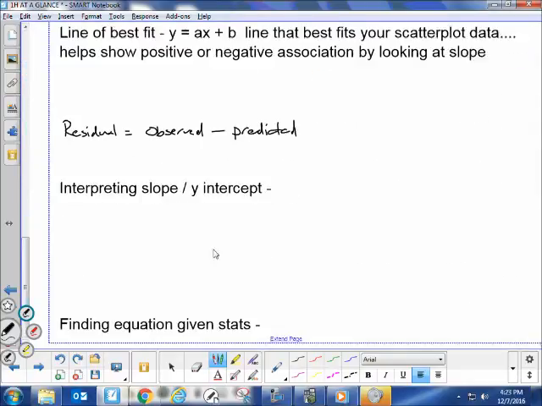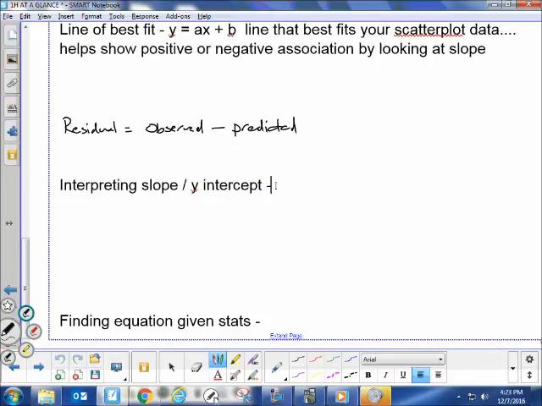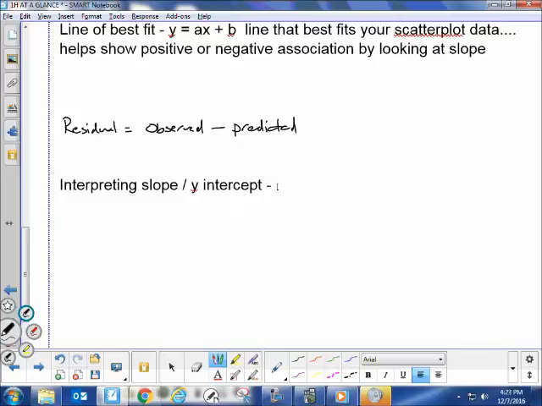Okay? Now it's important to understand you can interpret the slope and the y-intercept of your line of best fit. The slope, which is the a, remember slope is y's over x's. It's the rise over run. Well, it's the change in the y's over the change in x's.